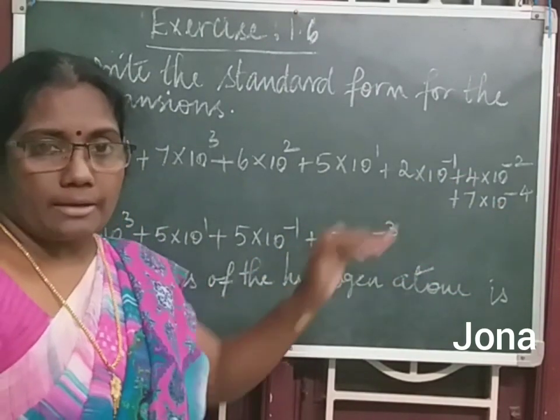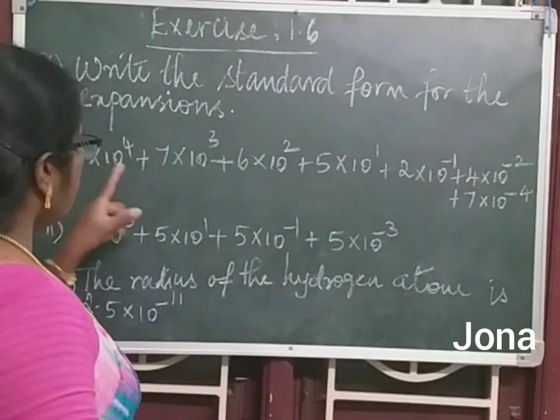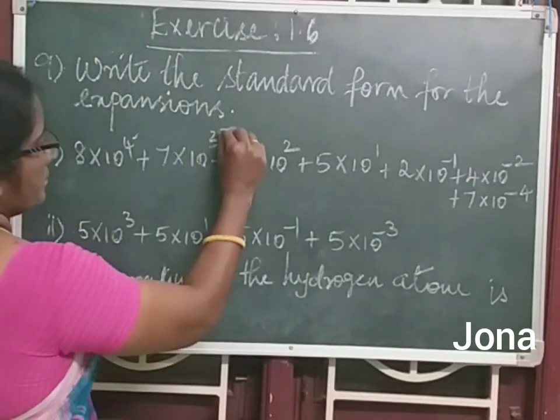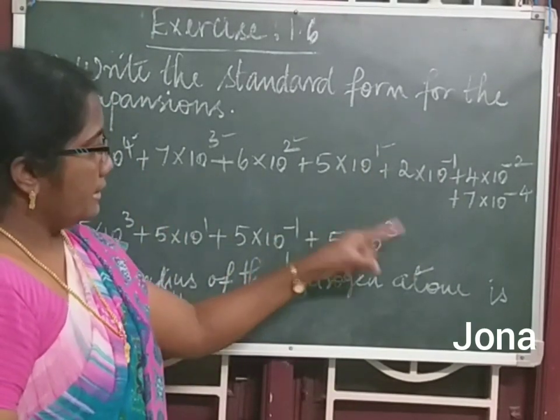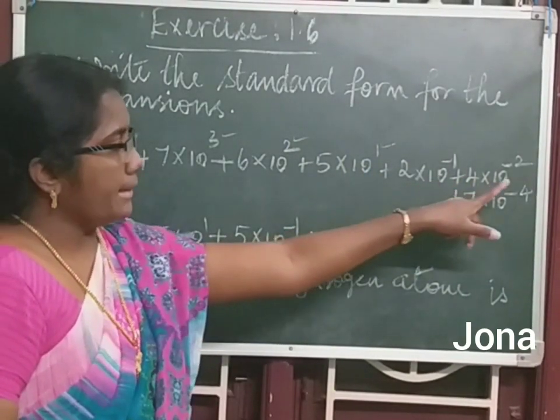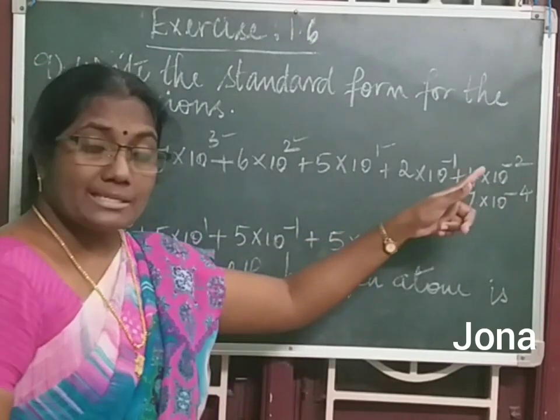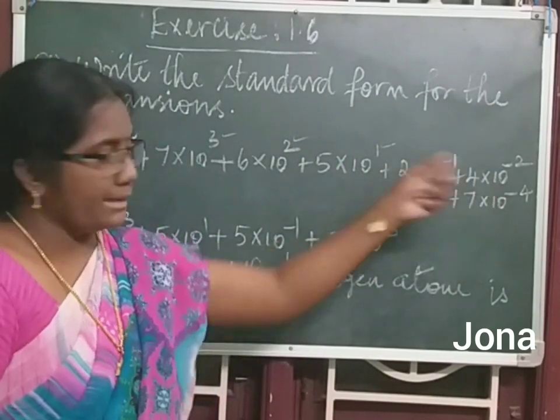Look at the powers of 10: 4, 3, 2, 1, and then minus 1, minus 2, and minus 3 is missing, and then minus 4 is there.